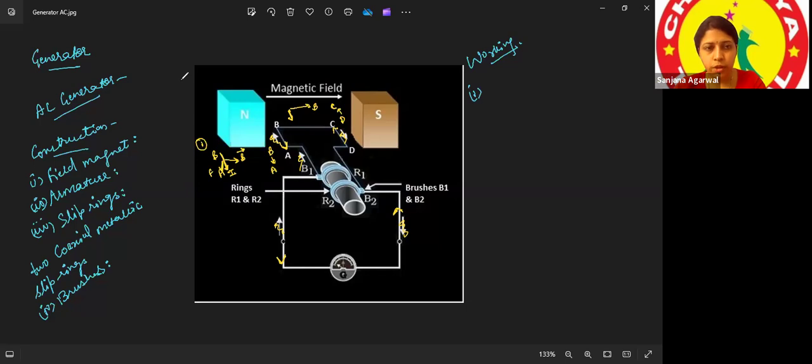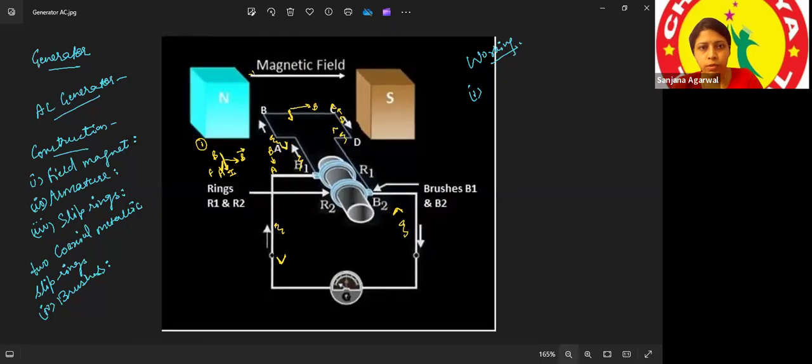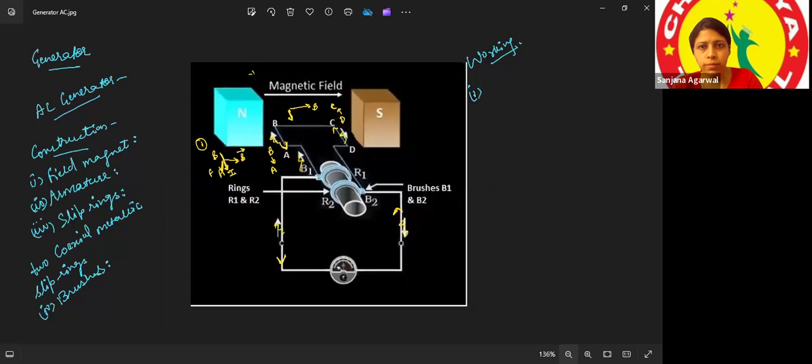Due to this, induced current is produced in sides AB and CD.